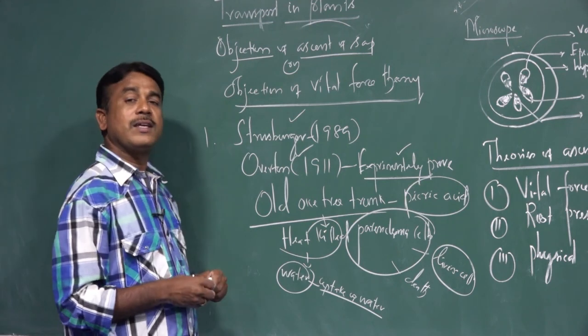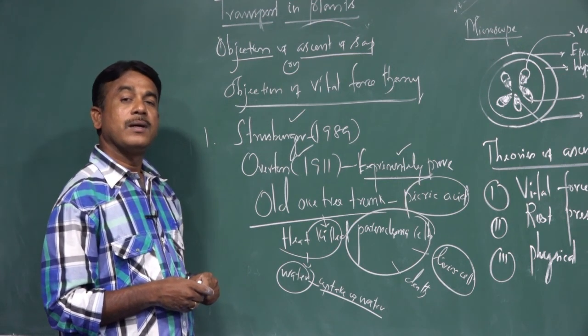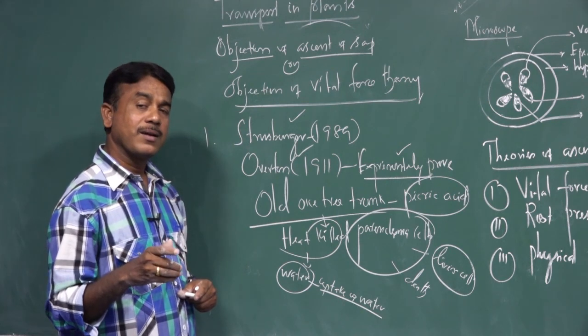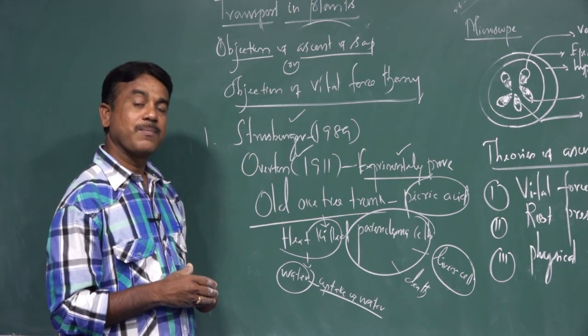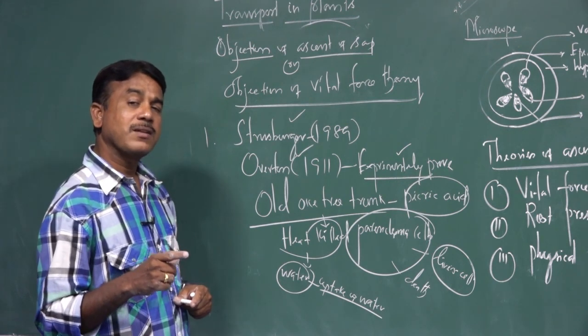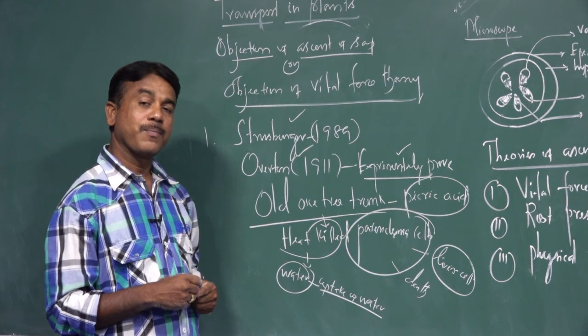The second objection concerns the pumping cells, which occur between the xylem elements. Generally, the transport of water and mineral salts takes place laterally alone.